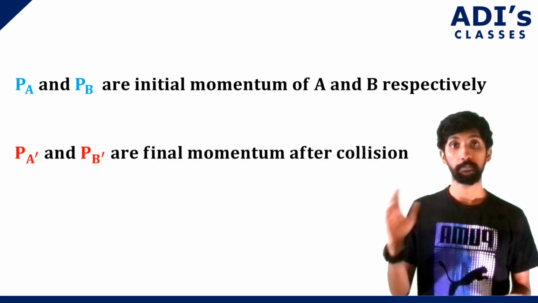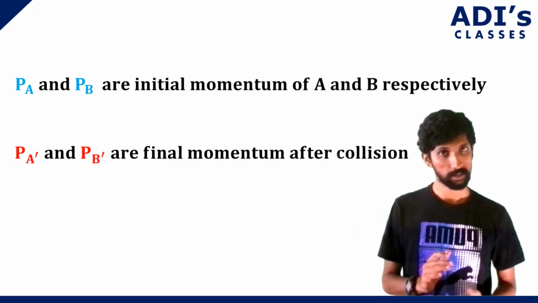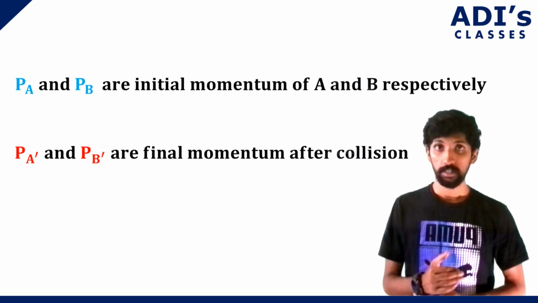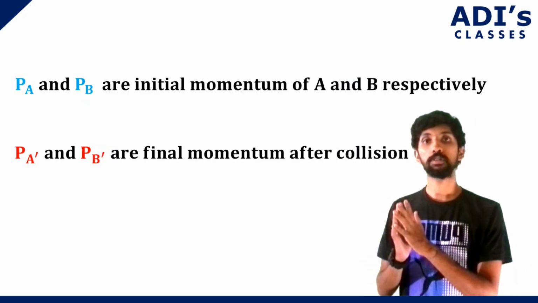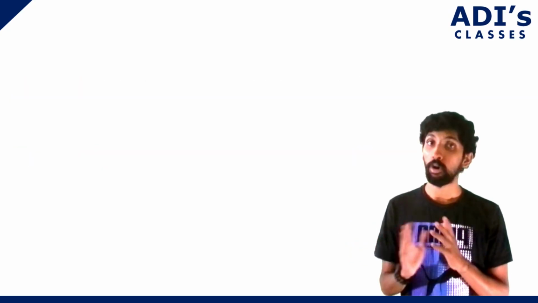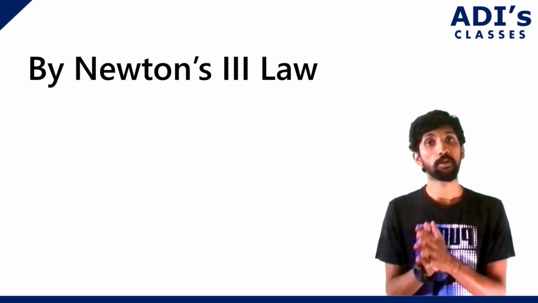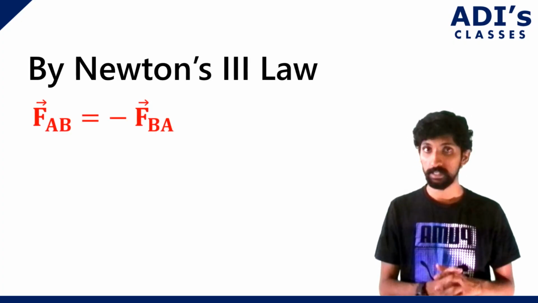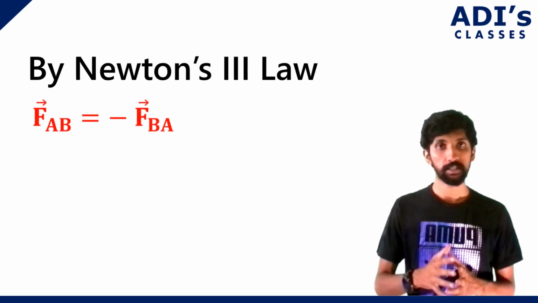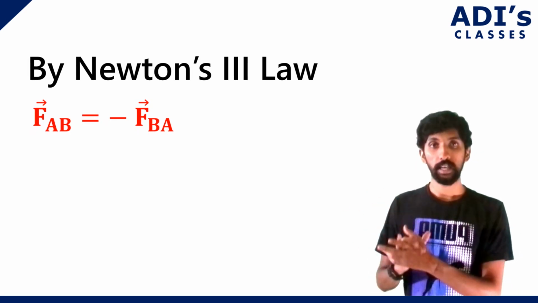Let's call those PA dash and PB dash. Understood? So here, according to Newton's third law of motion, the force is equal and opposite, correct? So FAB should be equal to minus FBA, right?